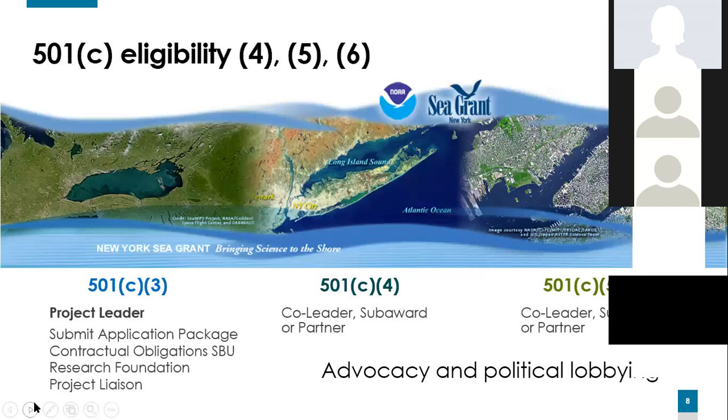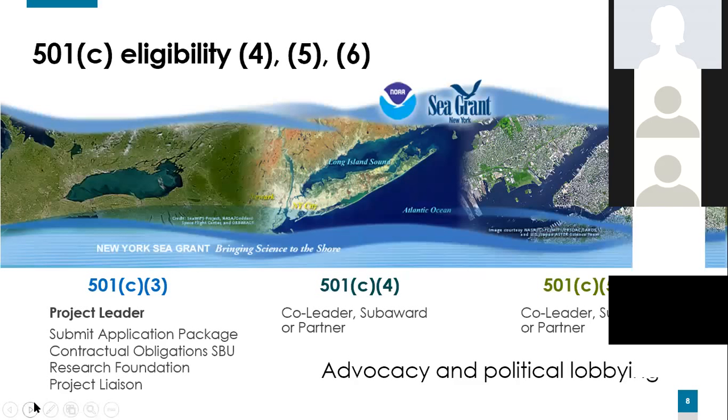And I guess we'd like to just clarify this in terms of eligibility. Well, for those who are not familiar with the corporation laws, the major difference with these various organizations is that they have the ability to conduct advocacy and political lobbying, and that restricts how this funding can be awarded.